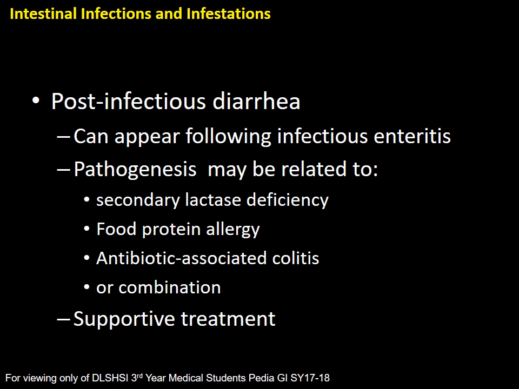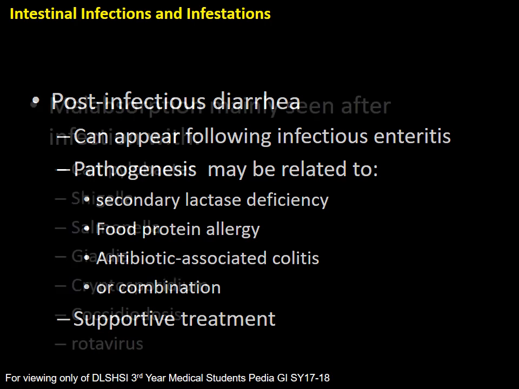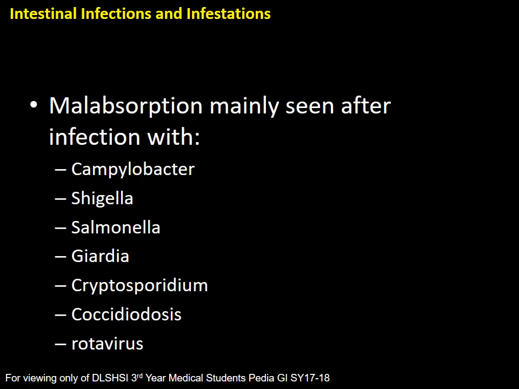For post-infectious diarrhea, symptoms can also be associated with malabsorption. It can appear following an infectious enteritis, and the pathogenesis may be related to secondary lactase deficiency. Infections with the following organisms may also present with symptoms of malabsorption.